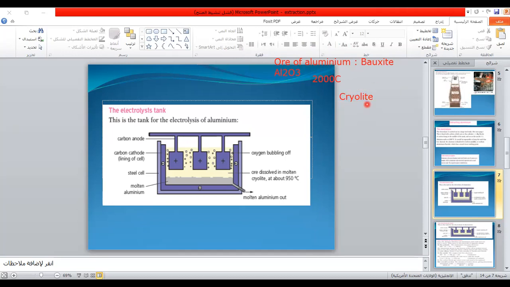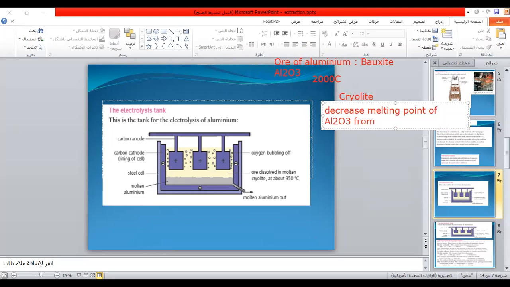Cryolite is a chemical substance used to melt aluminum oxide. Why? Because cryolite decreases the melting point of Al2O3 from 2,000 degrees Celsius to 900 degrees Celsius.